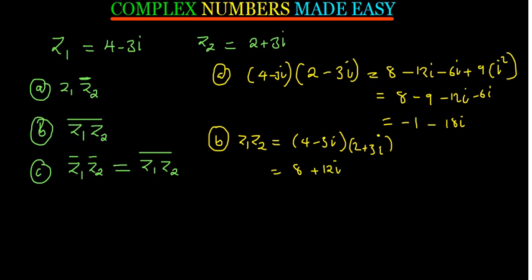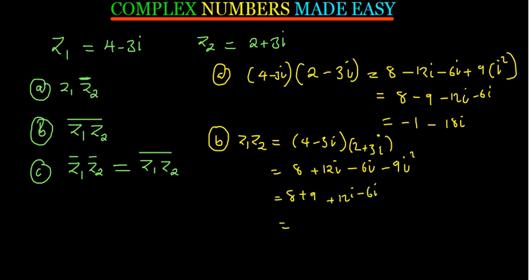Negative 3i times 2, negative 6i. Negative 3i times positive 3i, that will be negative 9 with i squared. But you know i squared means negative 1. So it will make this 9 to be positive 9, which will come here. And then plus 12i minus 6i.